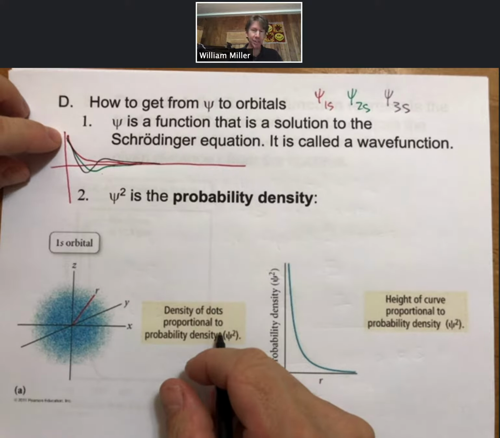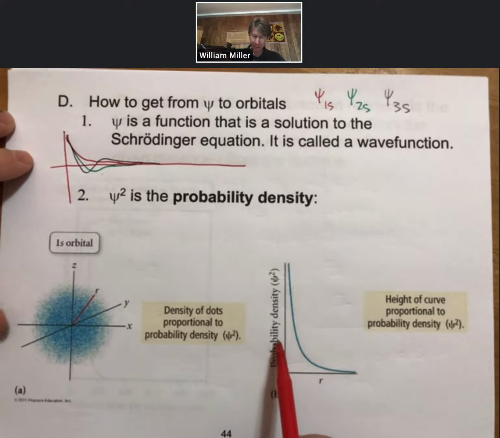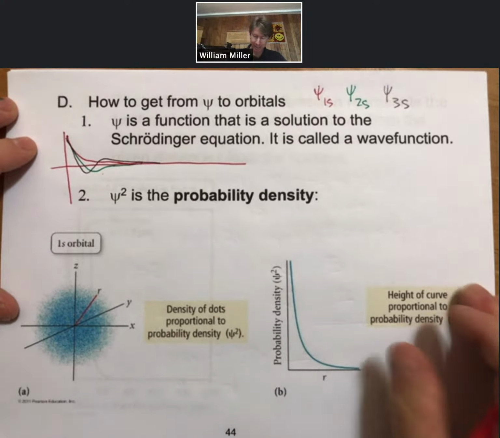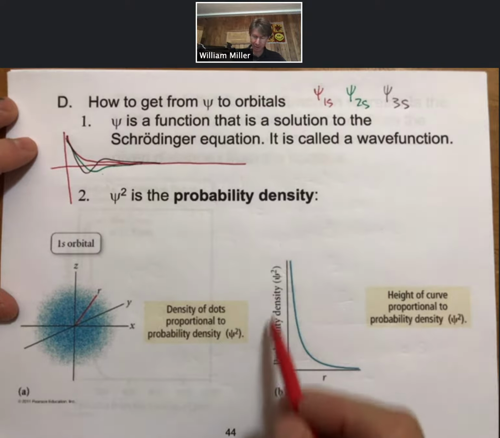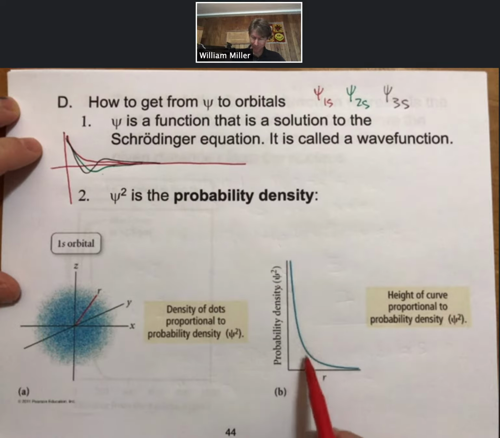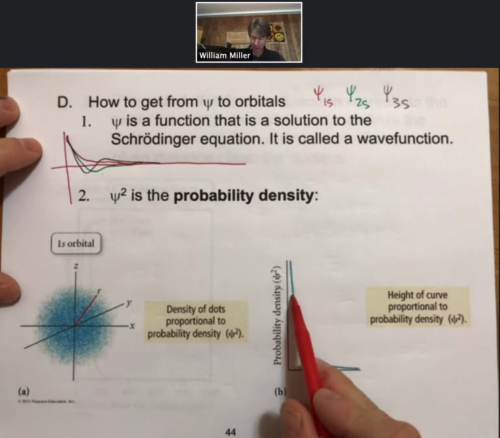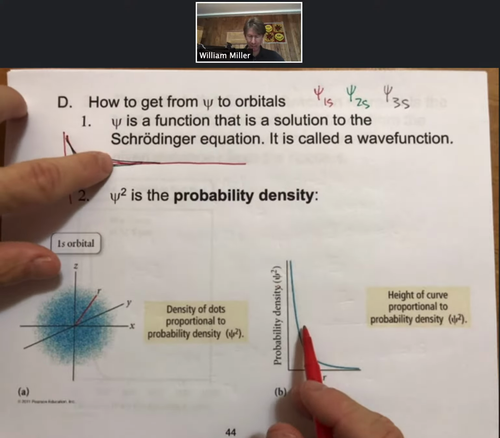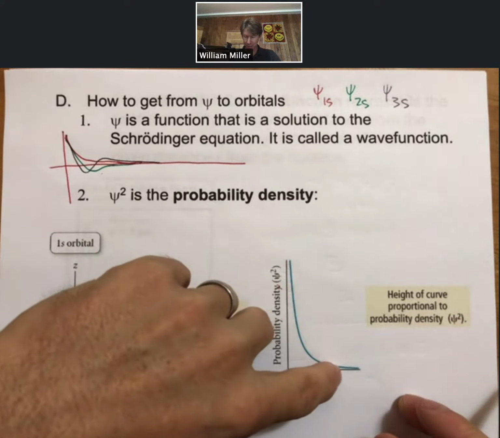All right, so psi squared is the probability density. The probability density, and again, we're not going to talk about why this is, but let's assume that it's true. Probability density is just going to square psi. So that's going to just basically make it squared of the function before. So the red one, which was always positive, is still always positive.